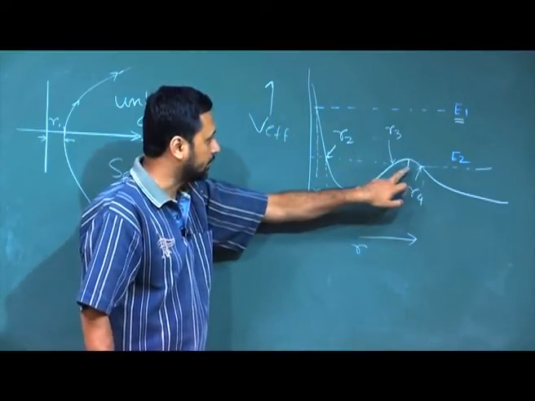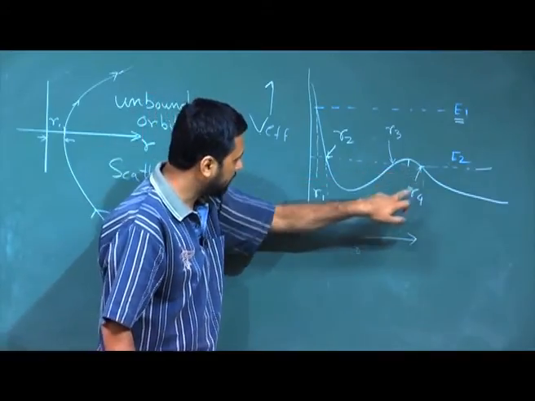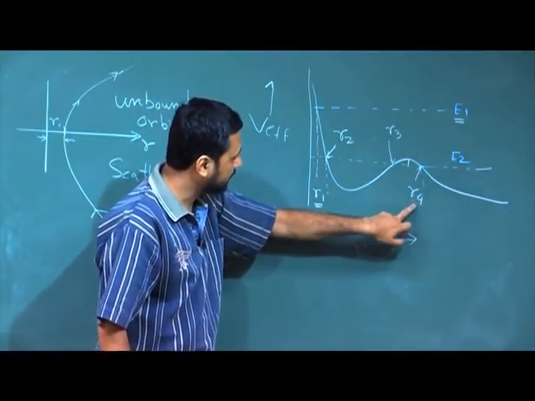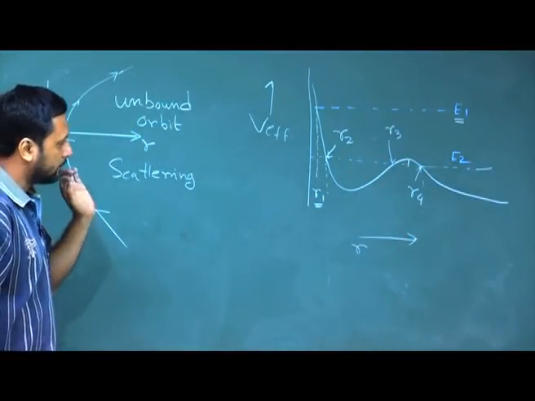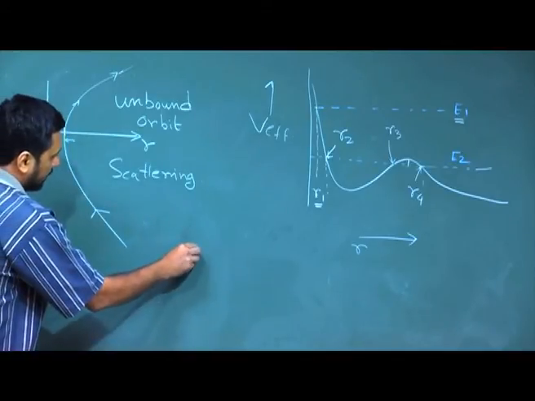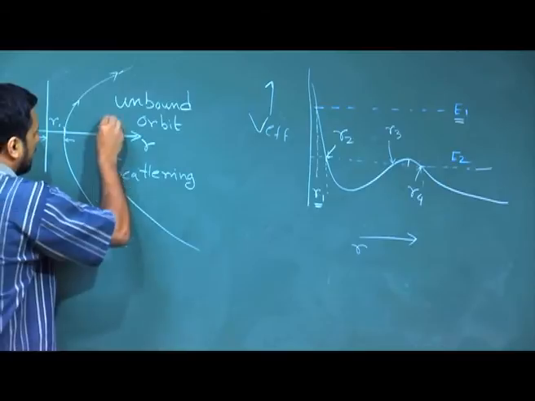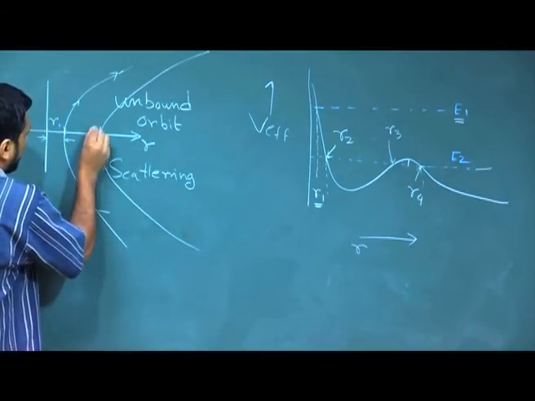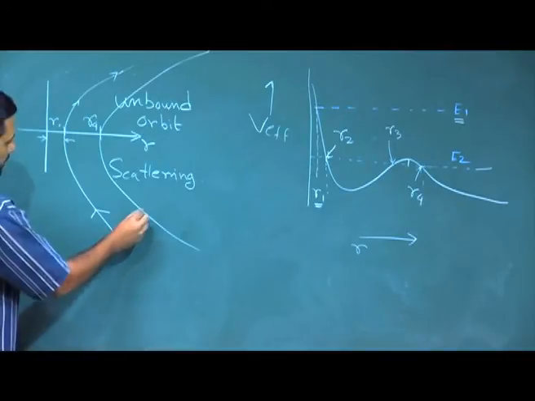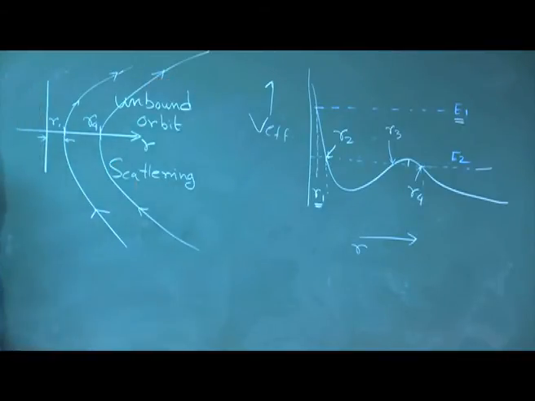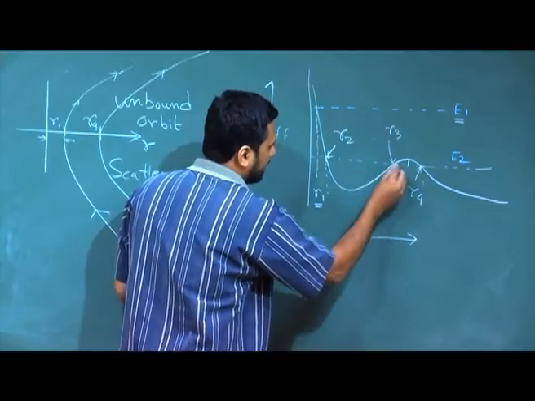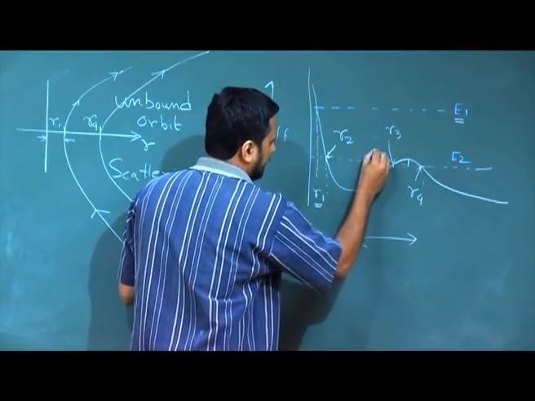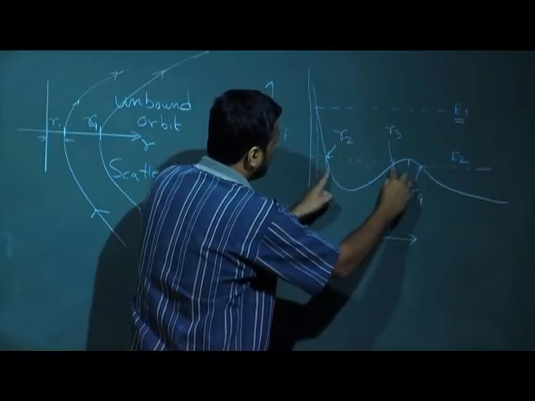So, if the particle comes from infinite distance, it will once again be a scattering, but this time with R4 instead of R1, and it will nonetheless be an unbound orbit, and we will see another scattering.